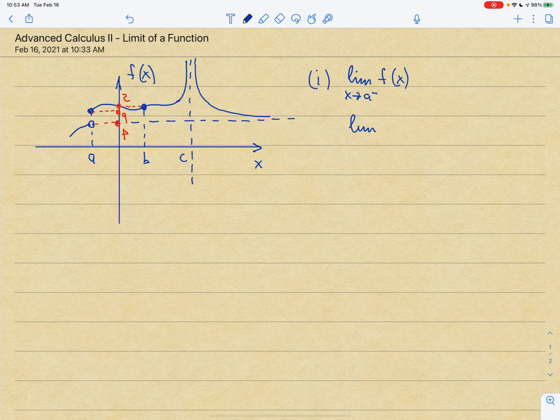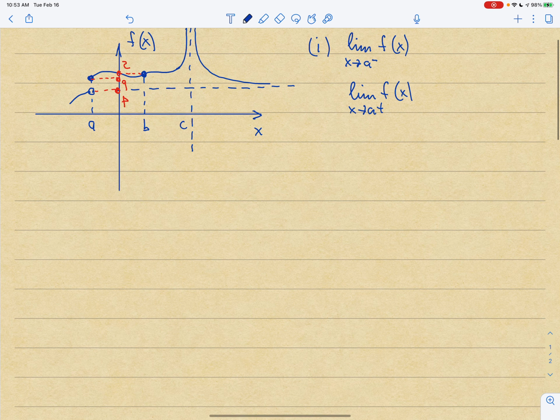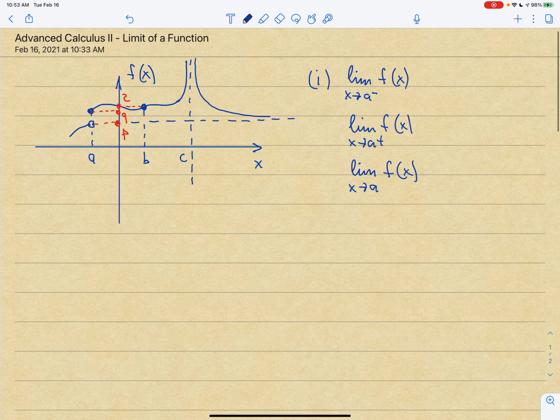Limit as x goes to A now from the right. And then the limit as x goes to A of f of x. Now, clearly in this case, the function has a jump at A, right?